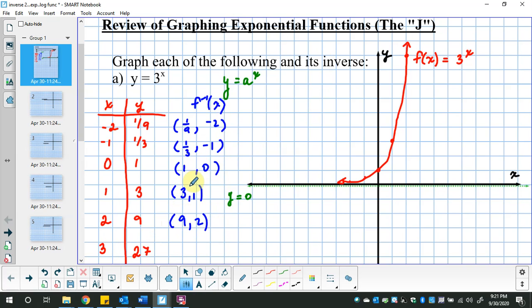So I'm going to do the ones I like first. So (1, 0) is here, and (3, 1) is here, 4, 5, 6, 7, 8, 9, 2 is there. 1/3, I'm going to have to fake that a little bit, down 1, and in a little bit closer.